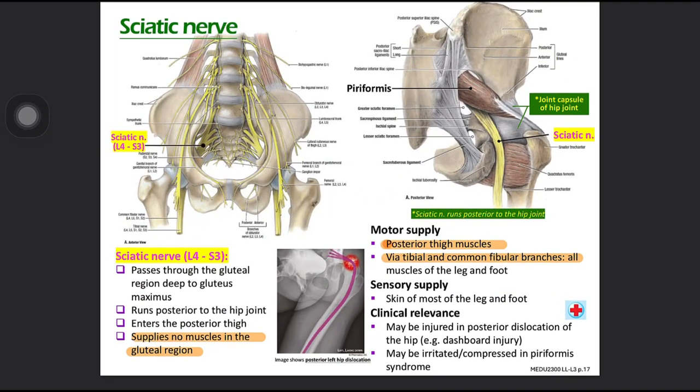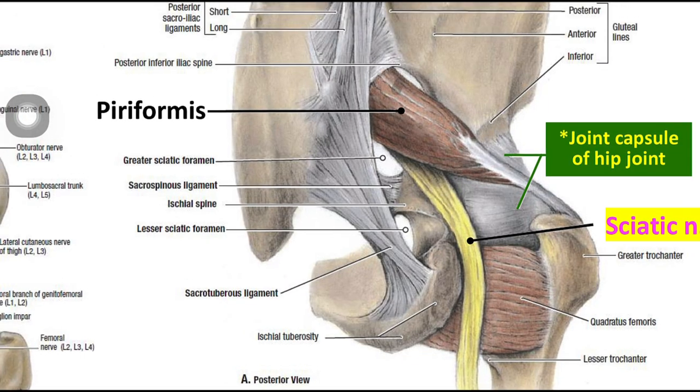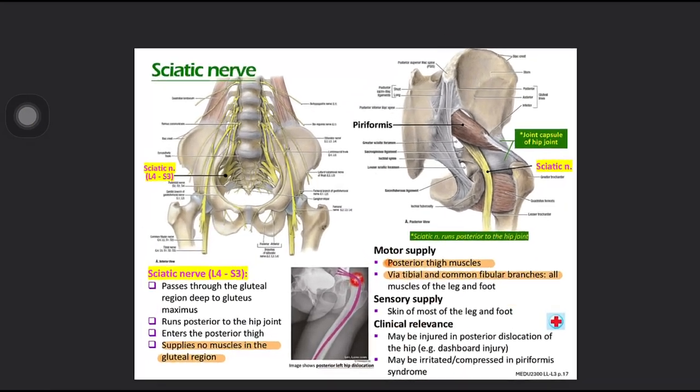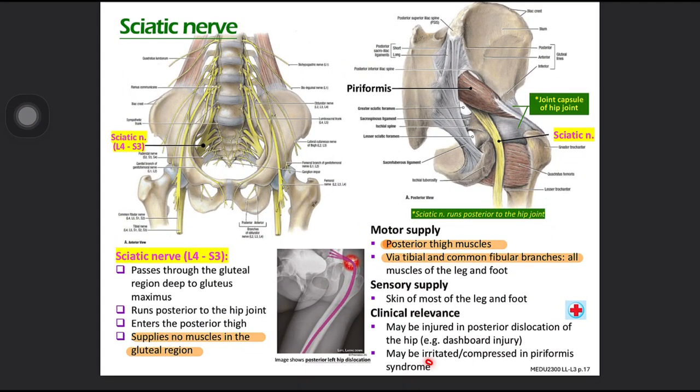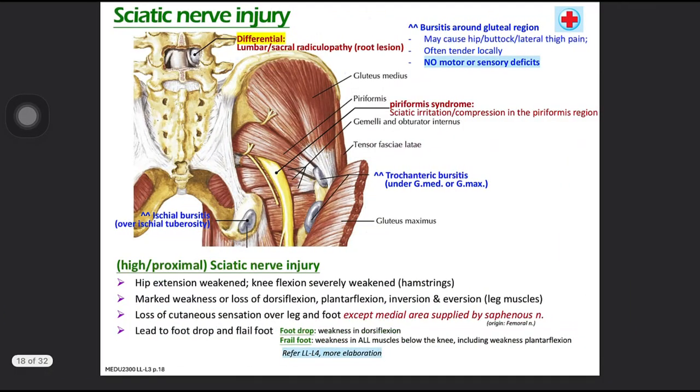Also think about the piriformis here. What if the piriformis, for some reason, becomes bigger in size, hypertrophy? It will also compress or irritate the sciatic nerve. That's why we say the nerve is irritated or compressed in piriformis syndrome. Usually we are referring to the piriformis becoming bigger, hypertrophy.